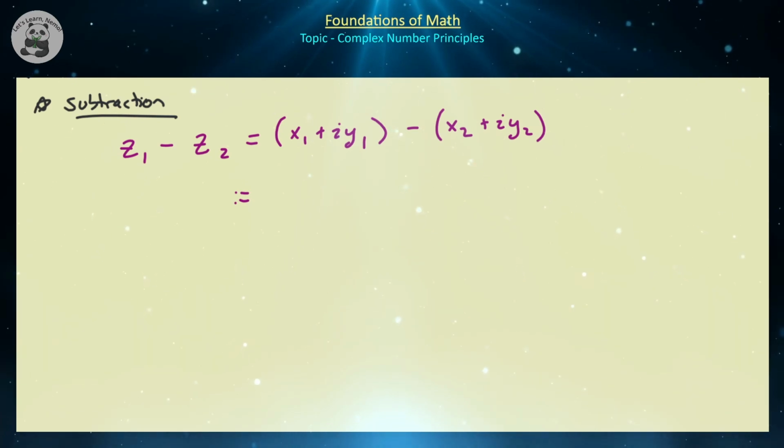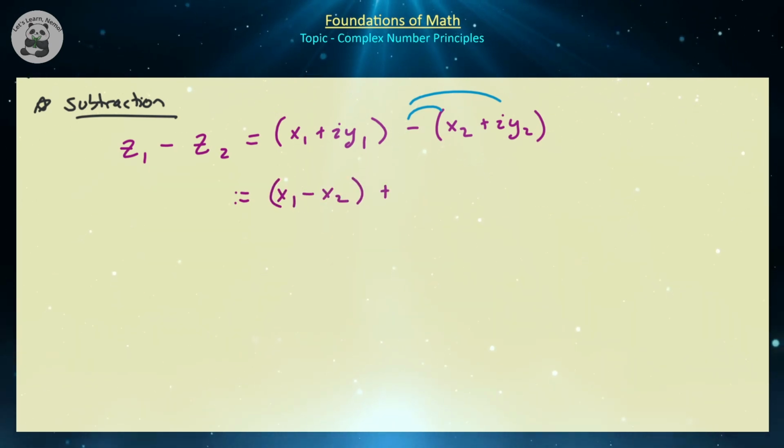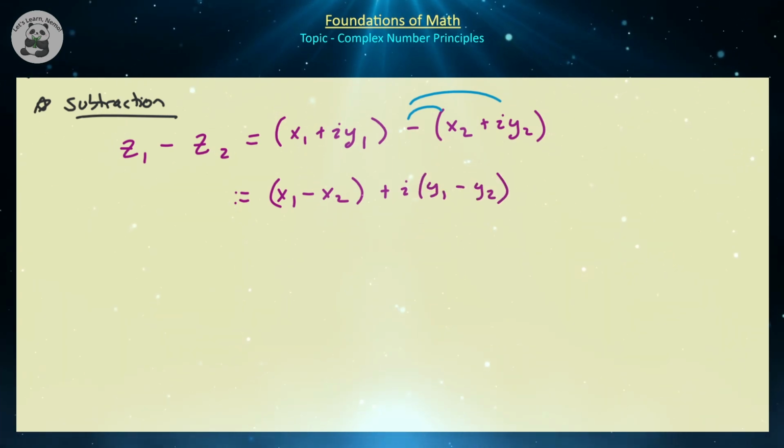One would be tempted to distribute this negative sign, and indeed that's what we're going to do, and then combine real and imaginary parts just like we did with addition. So we're going to do x1 minus x2 plus i times y1 minus y2, i.e. we're going to subtract the real parts and subtract the imaginary parts, and that's how we're going to define subtraction of complex numbers.